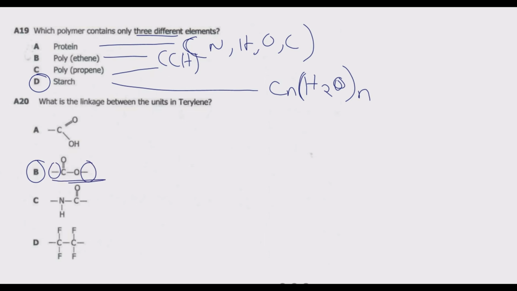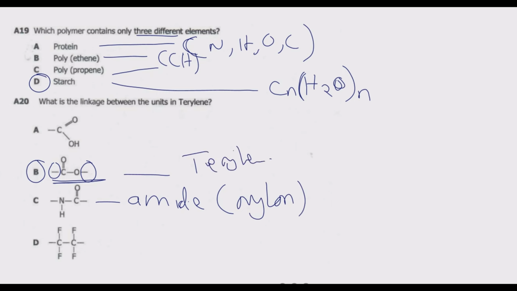So this is for terylene. Then C, for your own information, is amide, which is the linkage for nylon. So you really need to know these linkages. So make sure that you know these 2 clearly. Otherwise, it will be a much easier question when you come across this one.